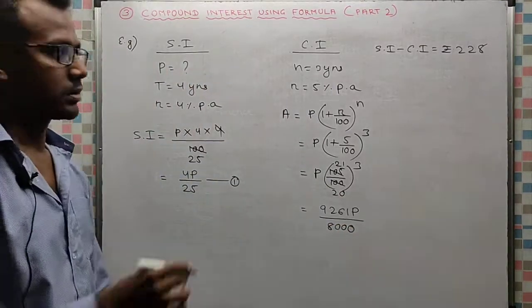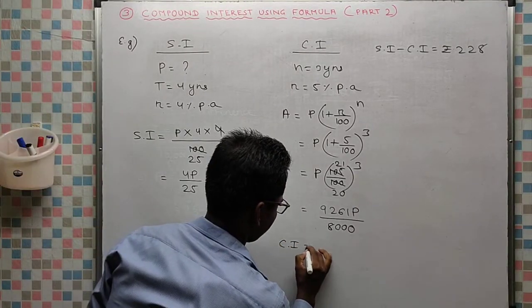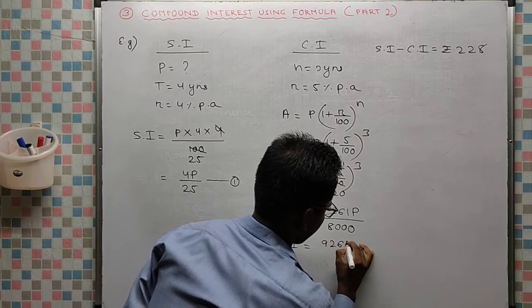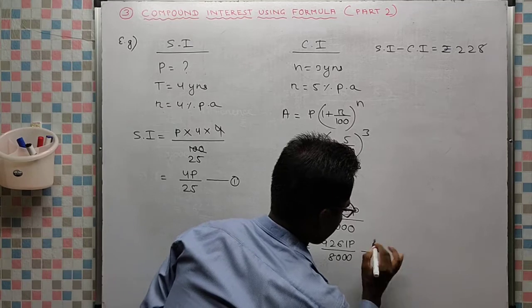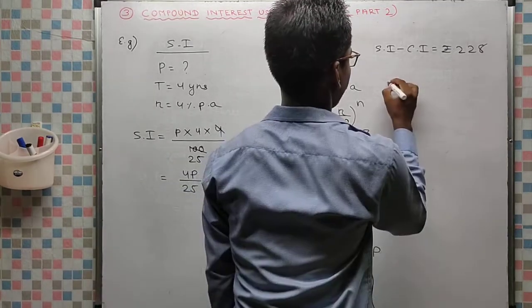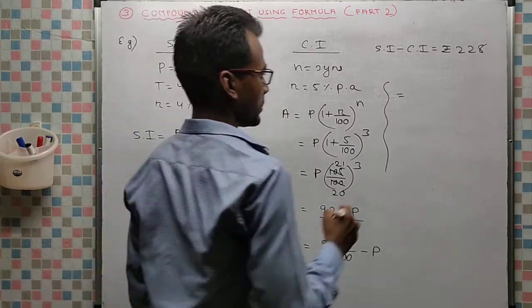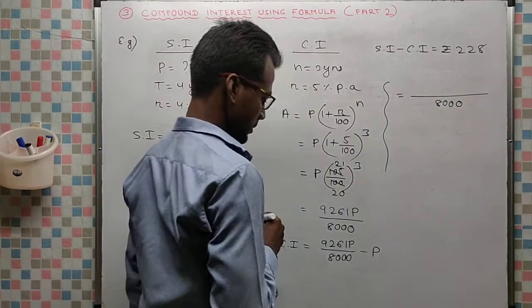This is the amount in case of compound interest. Now let us find compound interest: amount minus principal, 9261 P by 8000 minus P, which is equal to compound interest only. LCM is 8000.